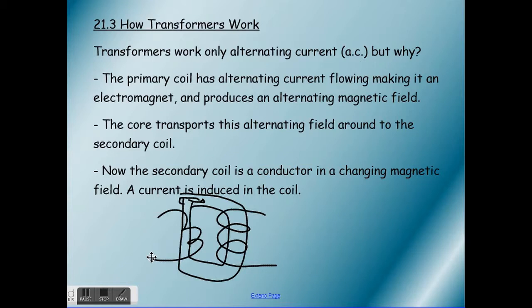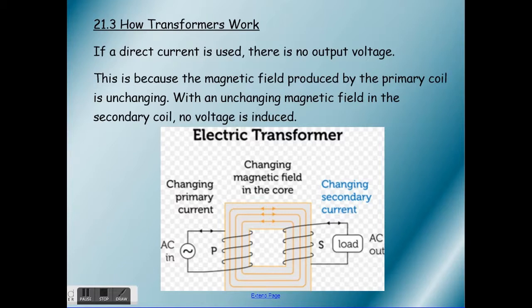Now, what would happen if it was a direct current? If a direct current is used, there is no output voltage, okay? Because the magnetic field produced by the primary coil is unchanging.